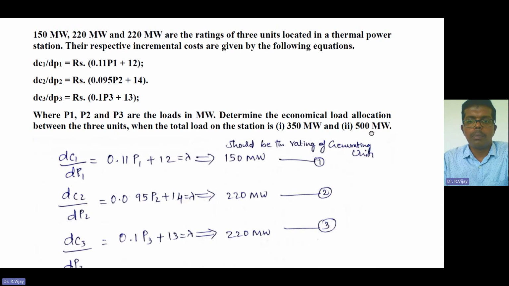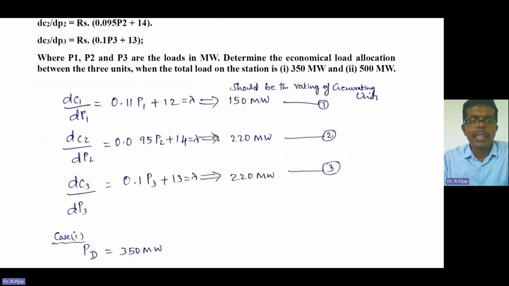Like this problem, if it comes, what we need to do first is this: the problem itself gives dC1/dP1, which is 0.11 P1 plus 12, and that is nothing but lambda. So dCi/dPi is equal to lambda. That is, dC1/dP1 is equal to lambda, or otherwise dC2/dP2 is equal to lambda, or dC3/dP3 is equal to lambda.